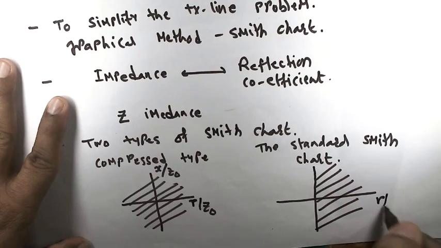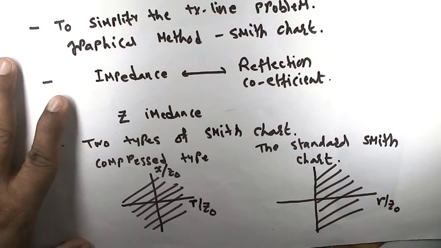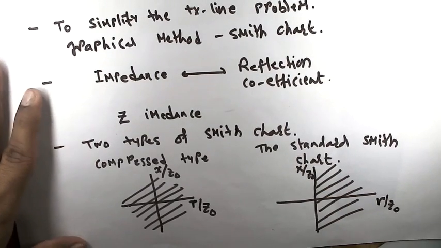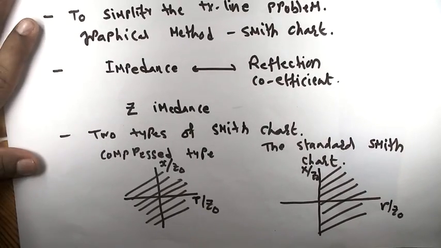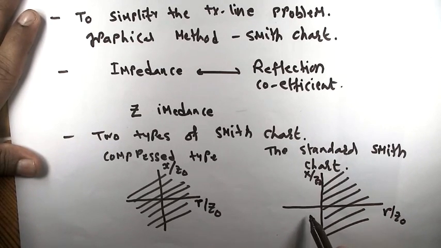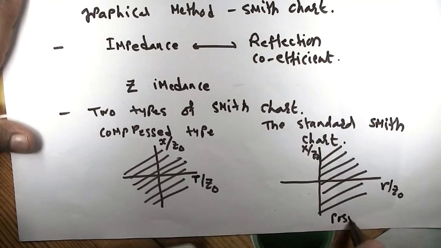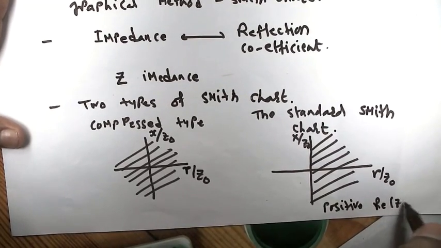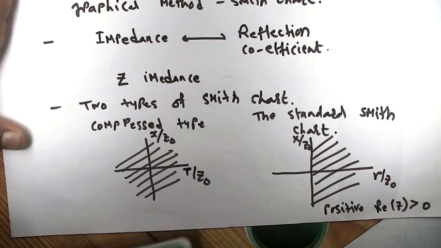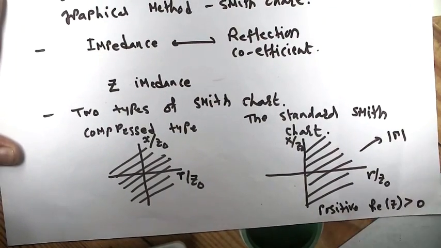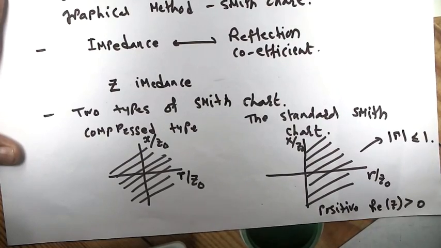Let this be your normalized real part of Z, and this be the reactance of that normalized Z. This standard Smith chart is a one-to-one mapping from the positive side of the real part of z, which is greater than or equal to 0, into the reflection coefficient, whose magnitude will be less than or equal to 1.